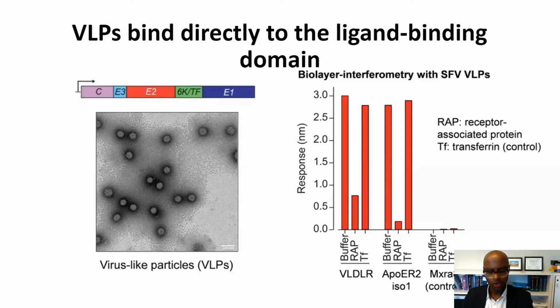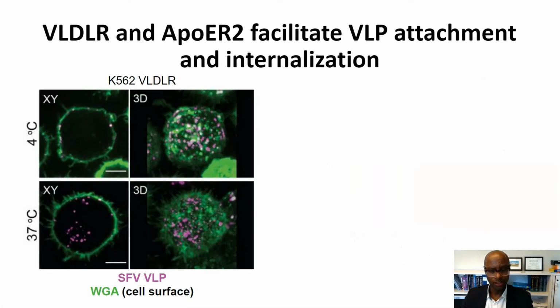And so another step that is important to demonstrate beyond just the direct association is that this putative receptor would allow internalization of particles into cells. And so again, we relied on our trusted K562 cells, which unless overexpressing receptors, we found are non-permissive to alphavirus infection. So in this case, what I'm showing you are images obtained from live cell confocal microscopy. There's an XY slice on the left and the 3D volume on the right.